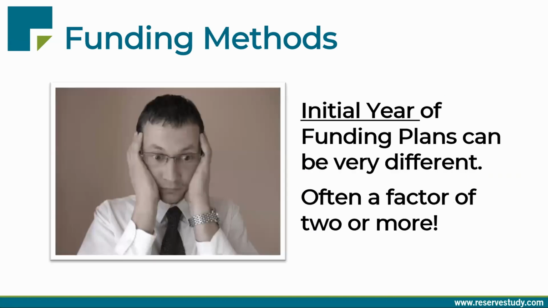What's important to note is that the initial year funding requirements calculated with the component method are regularly about twice as much as funding requirements calculated by the cash flow method. That's why we so clearly state that it's best to avoid the component method. Reserve professionals across the country avoid it.